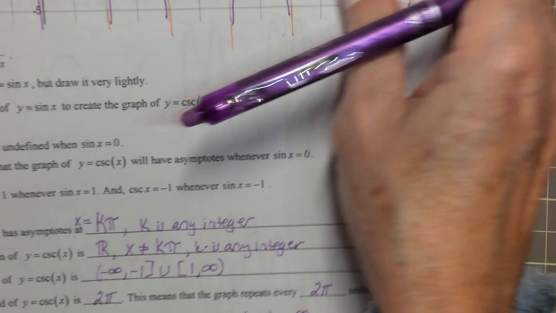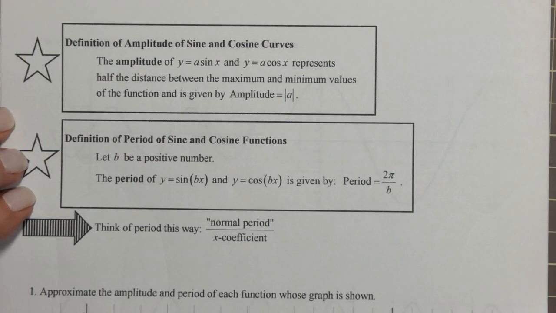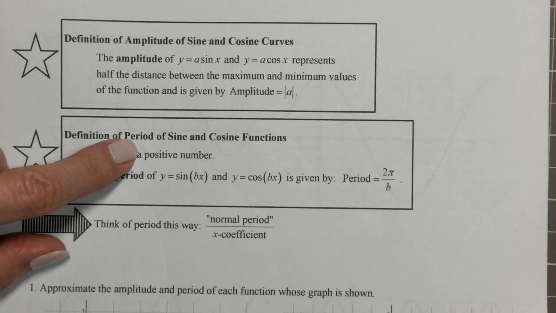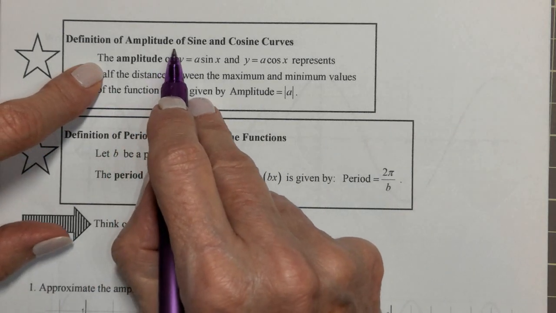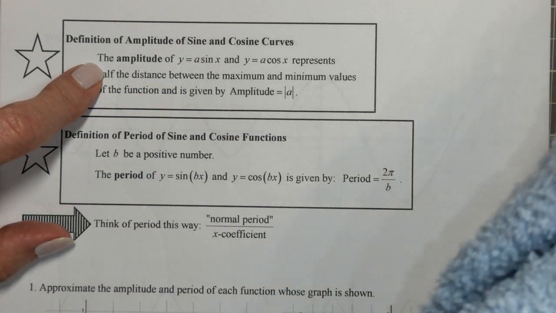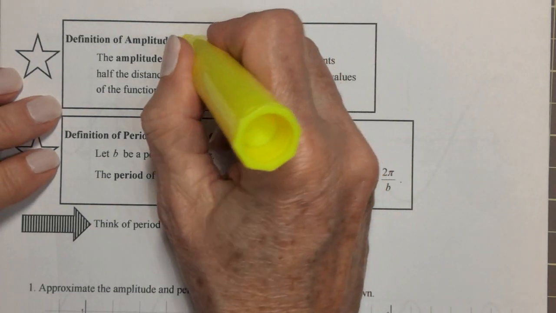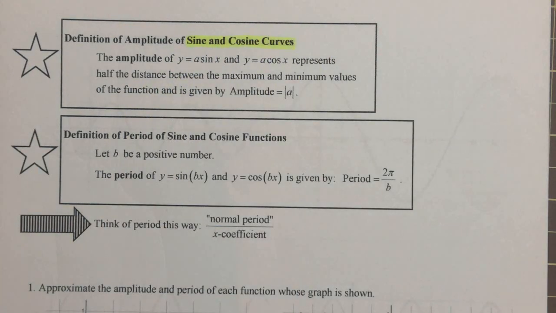Okay, going to talk about a couple of aspects of the graphs now. I'm going to talk about amplitude and a little bit more about period. You only find amplitude of sine and cosine curves. The others do not have amplitude.